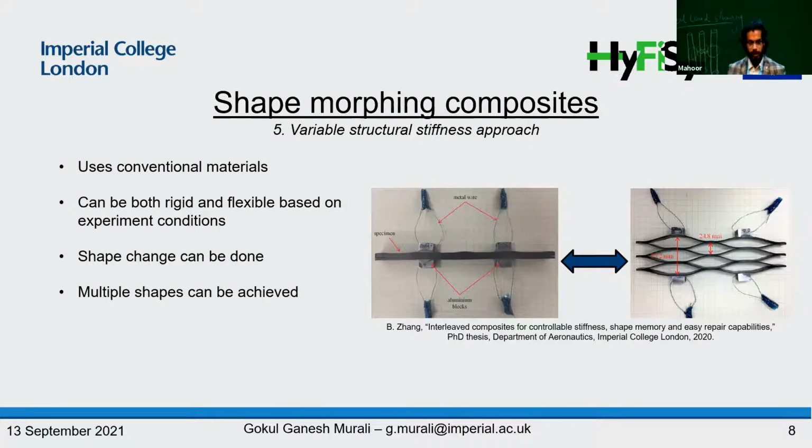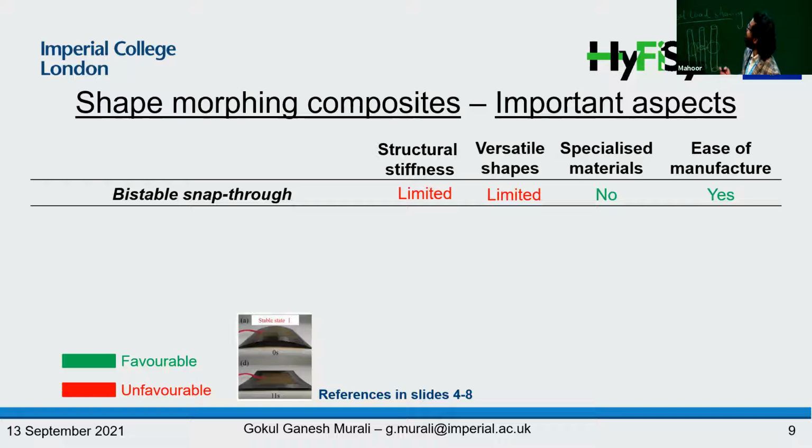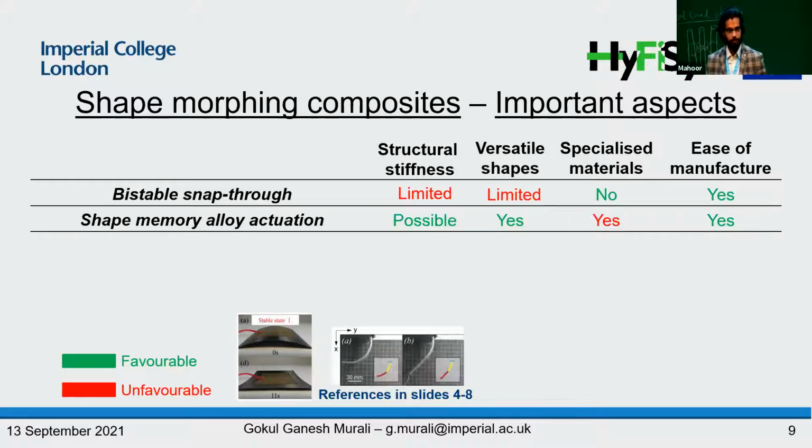But before I do that, let us quickly look at how these different approaches compare for us. Let's look at different parameters as either favorable or unfavorable from a structural approach. A bistable snap-through composite has limited structural stiffness and a limited number of shapes, but it uses conventional materials and is quite easy to manufacture.